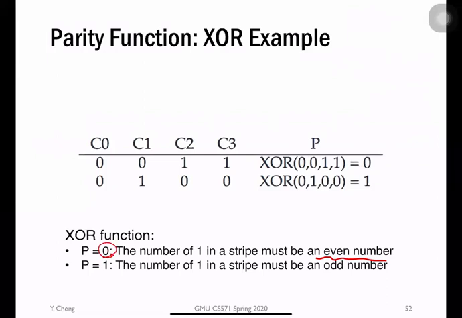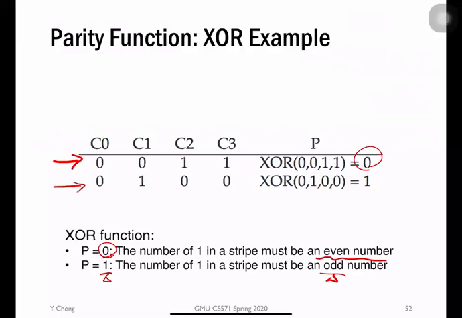So the parity value for that particular bit or digit is 0. On the other hand, if the total number of ones within the stripe is an odd number instead of an even number, as a result, the parity bit is 1. Okay? If you apply this policy, in this case, this top stripe has a total number of 2 ones, which is an even number.